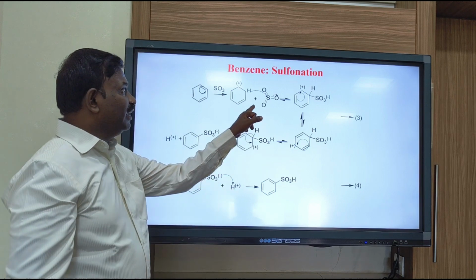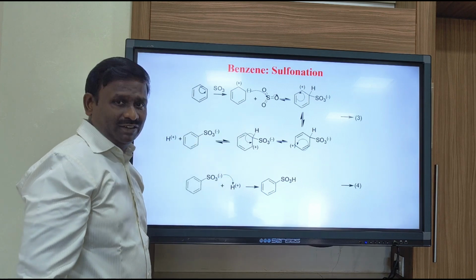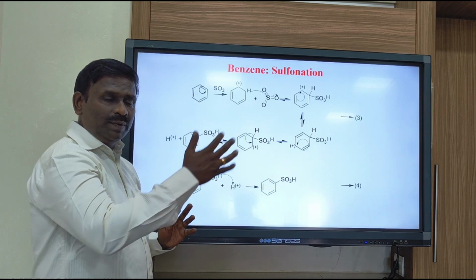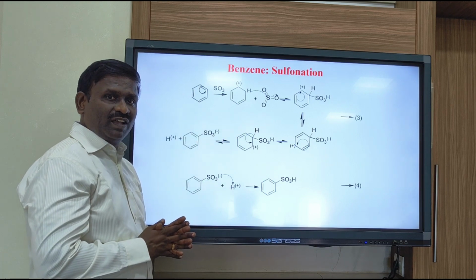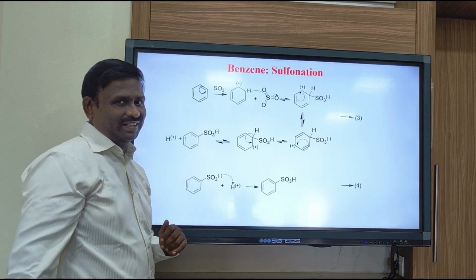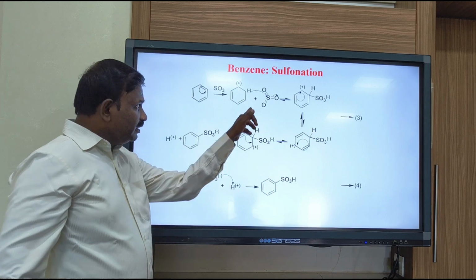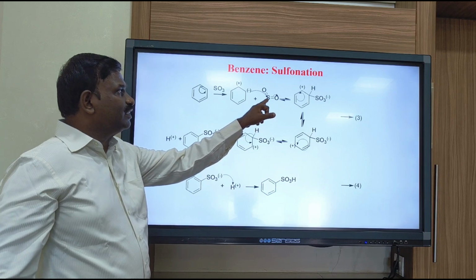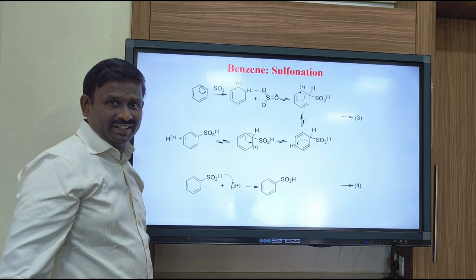Sulfonium ion is different from the nitronium ion which is formed in the nitration reaction. The nitronium ion is an electrophile which has a positive center on it. This is electron deficient like the nitronium ion, but here it does not have any positive center.